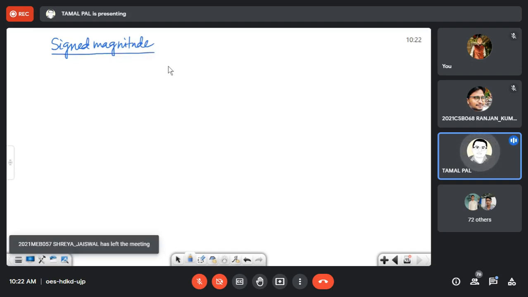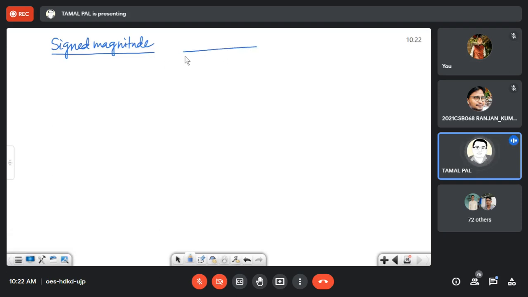In sign magnitude, the number is divided into two parts. One is the sign value, another is the absolute value. So value and sign are two different things. You know that there is a distinction between positive and negative.